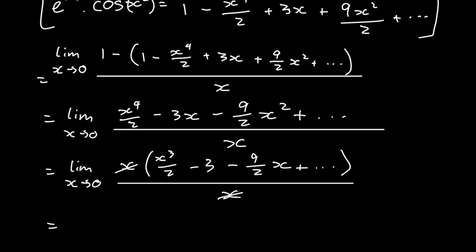So substituting x equal to 0 will just yield 0. So it's kind of arbitrary. We know that it's going to get cancelled out. So as you can see here, what happened with the x cubed over 2 and the negative 9 over 2x, when we substitute in x equal to 0, those disappear, and we're simply left with the answer, negative 3.